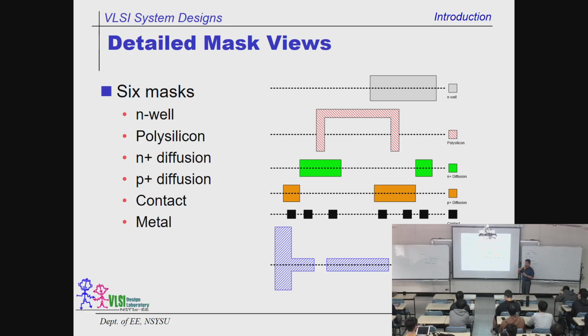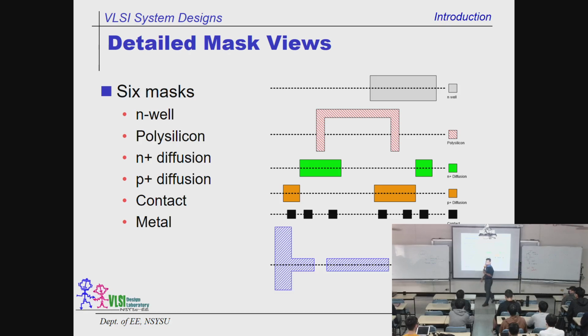We also need another set of masks to define where the contact is. And the last one is the metal. So we see that we need 1, 2, 3, 4, 5, 6 masks to fabricate a very simple inverter.